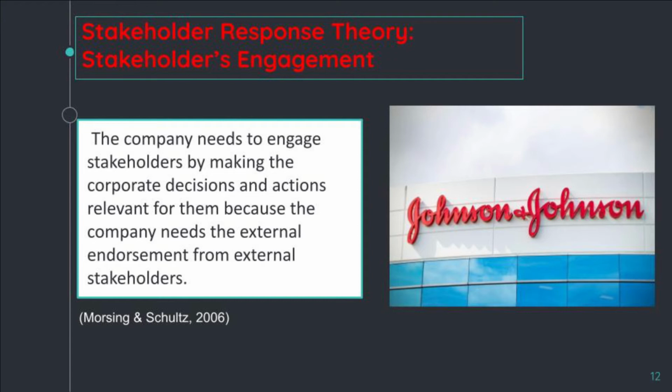Our example would be Johnson & Johnson. Johnson & Johnson takes an approach to sustainable business that includes engaging its stakeholders on a global, regional, and local level, which helps Johnson & Johnson gain valuable insights from its stakeholders' perspectives and the topics that matter to them. This engagement also allows Johnson & Johnson to share information about their company's strategy, practices, and performance.